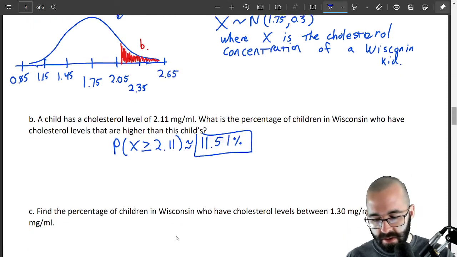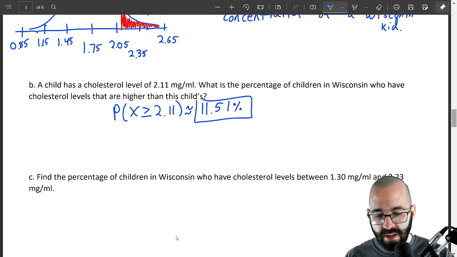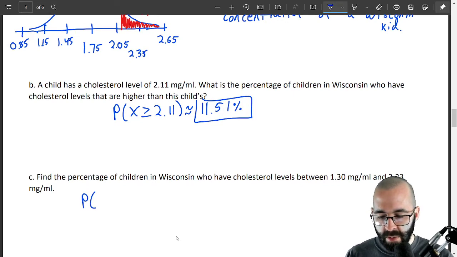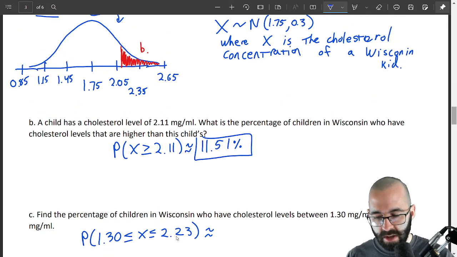There we go. Find the percentage of children in Wisconsin who have a cholesterol level between those two numbers. Well, the probability that we're between 1.30 and 2.23 is written like this. We can just type this into GeoGebra. I'm going to copy this graph down real quick.